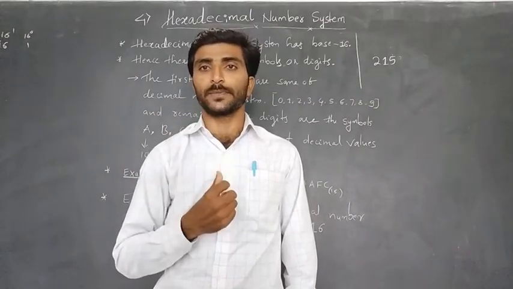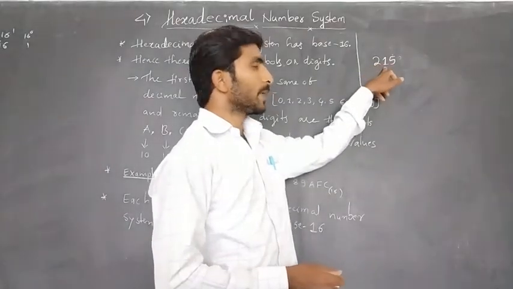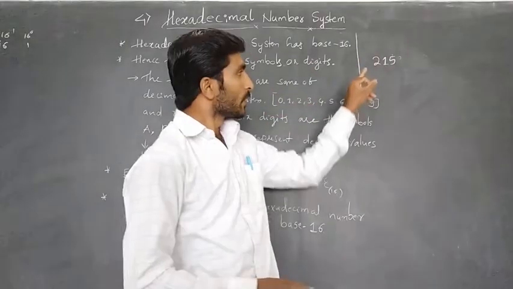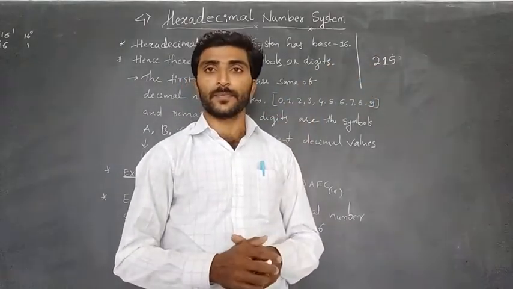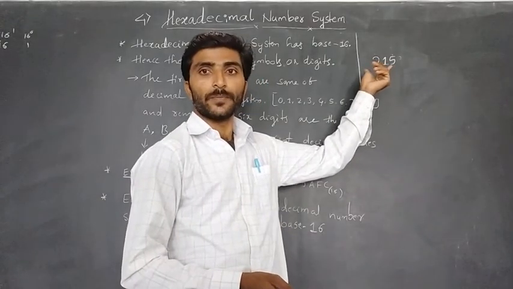There are 2 digits, and you write it like this: 215. But how would you read this one? 215 looks like a 3-digit number, 3 digits we have.